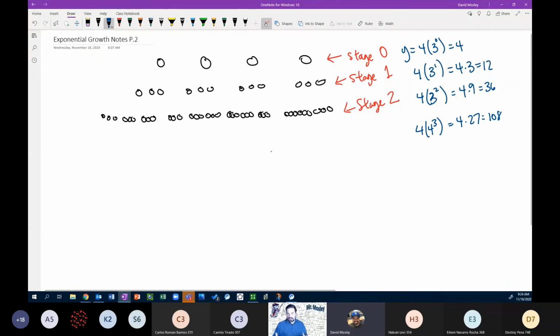The 4th level is the 3rd stage, as far as rows of dots in this case. Does that help kind of clarify why we use the power of 3 for you, Nicholas?